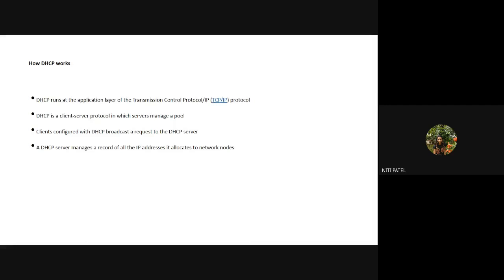If I have stopped using that IP address, or if I have shifted from one network to another, or from one location to another, I will drop that IP address back to the same pool, and then it will be picked up by some other system on the network. So I am reusing the IP address, but that reuse is not going to happen if it is currently being used by some system.